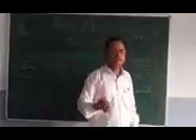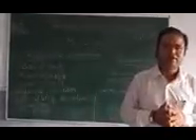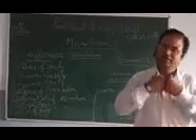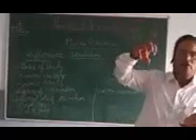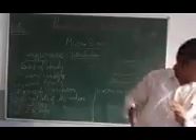Method of study. When we study microeconomics, we study economics at individual level. When we study macroeconomics, we study economics in a broader sense. So the method becomes very detailed.